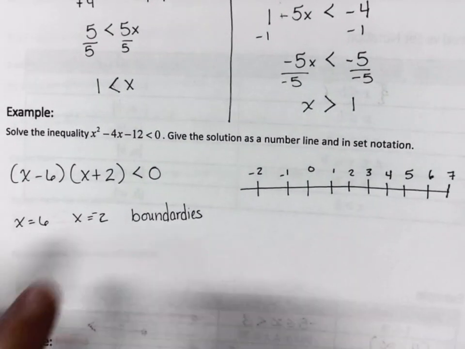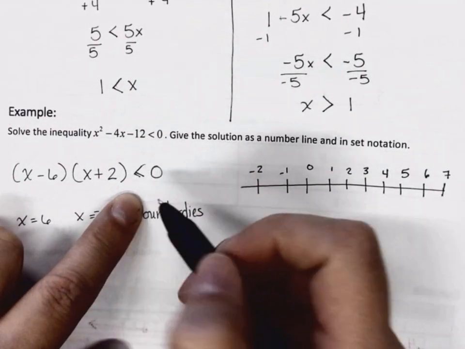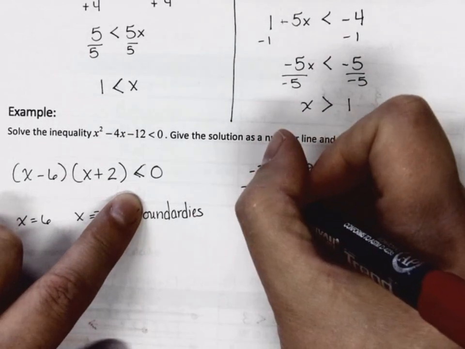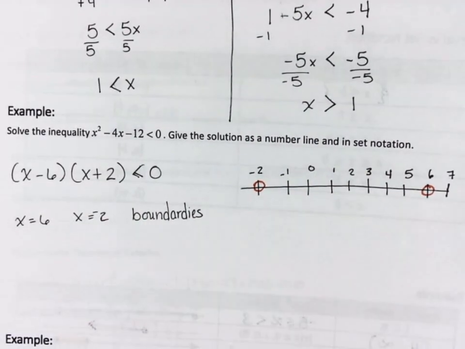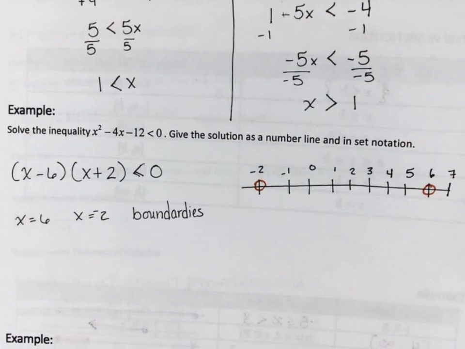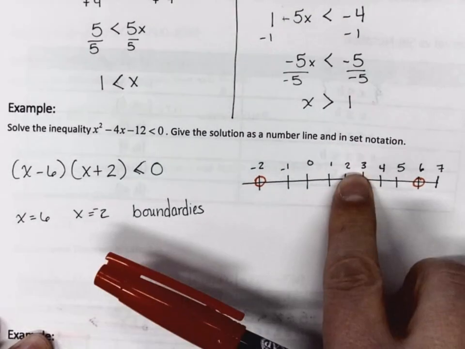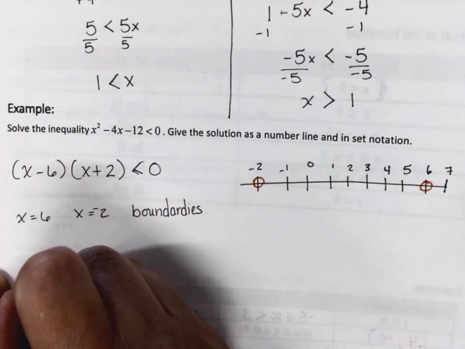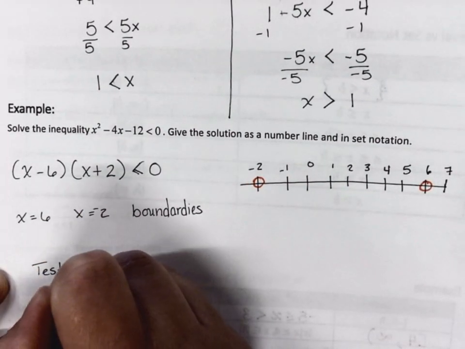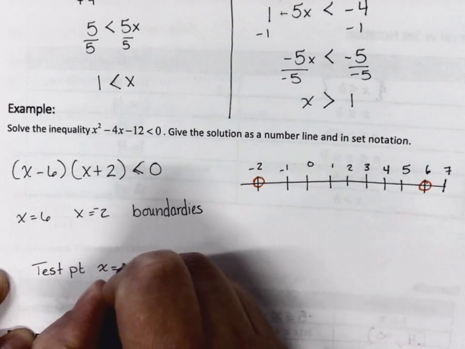And what I know is that because it doesn't have the equal to sign, both of my boundaries will be open circles. Now the question is, using test points, where does it work? Does it work inside or does it work on the outside? So I'm going to pick a test point. I'm going to say when x is equal to 0.